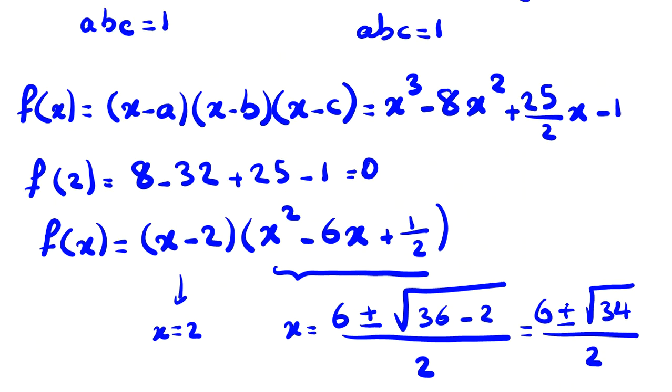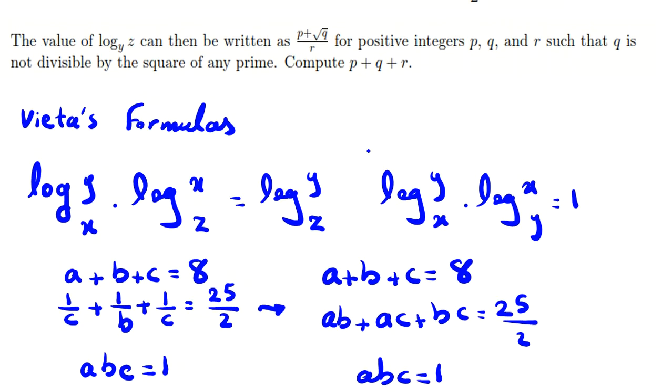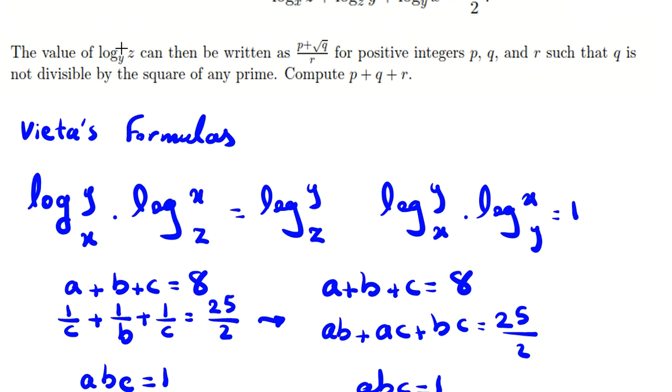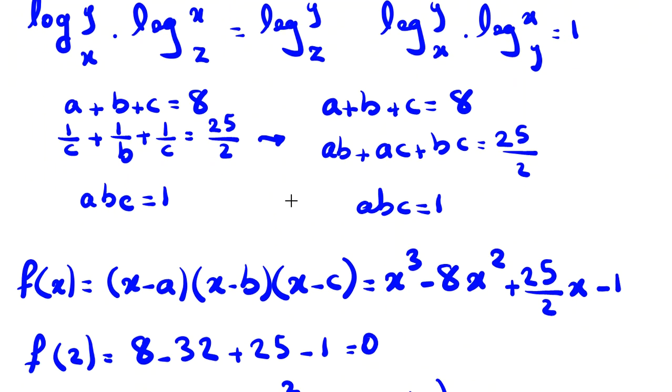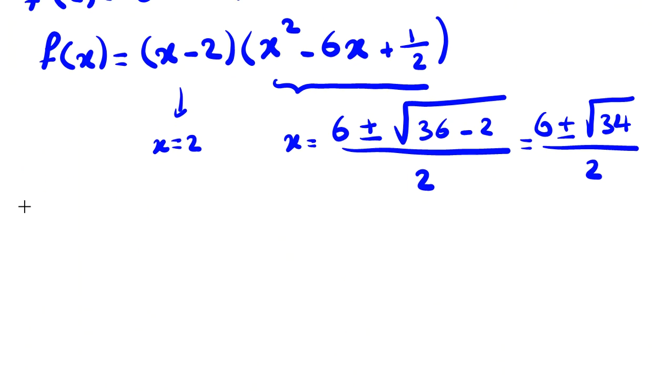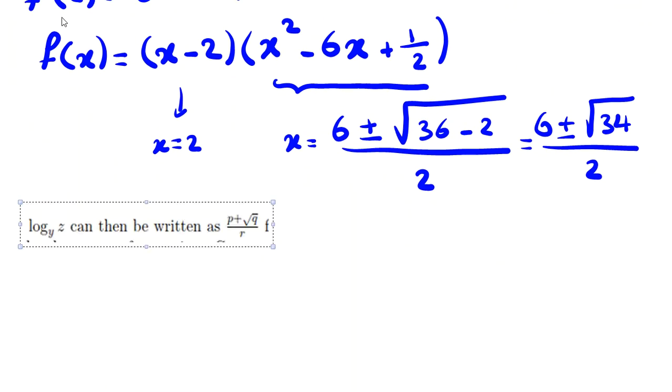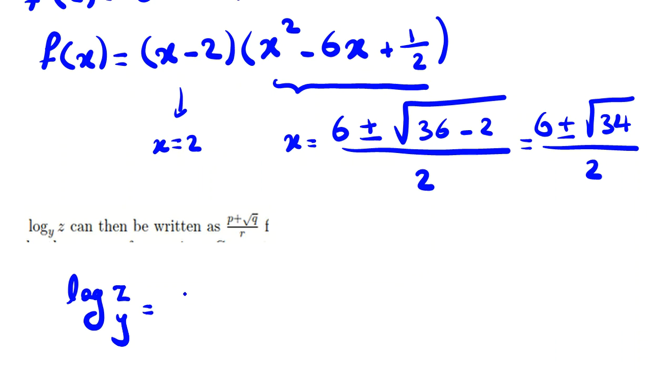The problem says what log this part. Let me copy this part. It has this form. Okay, so here I can say log zy is equal to 6 plus root 34 over 2.